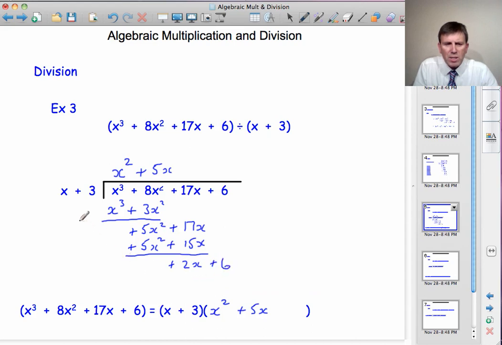What do I multiply x by to get plus 2x? Answer, plus 2. 2 times x is plus 2x, and 2 times plus 3 is plus 6, and we see there's no remainder. So I can put the plus 2 in there, and the answer is x squared plus 5x plus 2. Let's move on now to look at example 4.